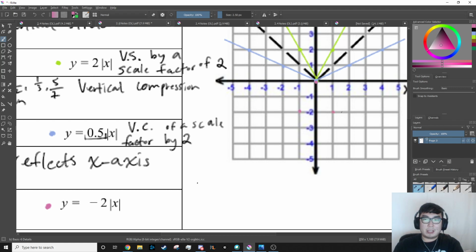Because if I apply my rise over run, which still applies, we just have to do it separately, we know that I'm going down 2 because it's negative, and I'm going to the right 1 unit. Like so. Nice.